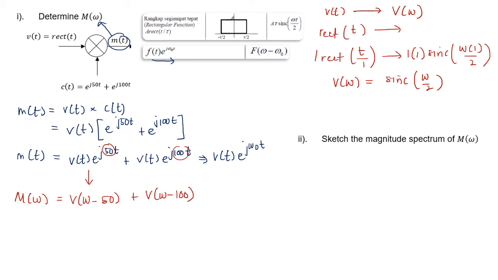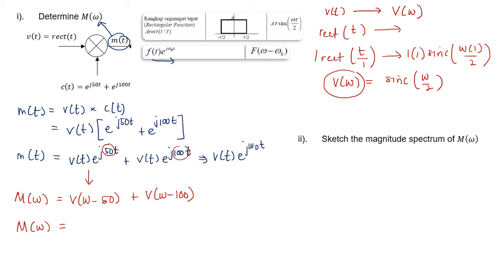Therefore, your M(omega) equals V(omega), but the omega must have some shifting. So the first one is V(omega).